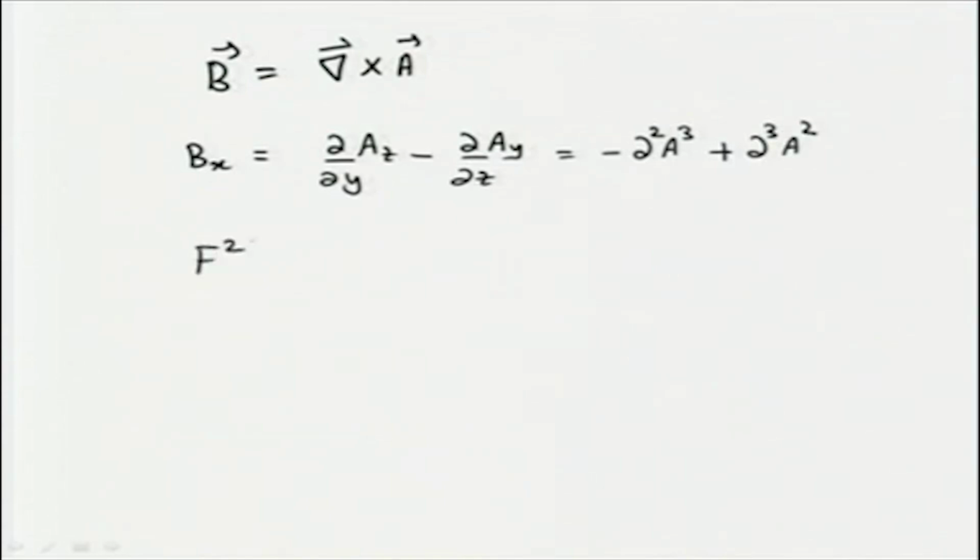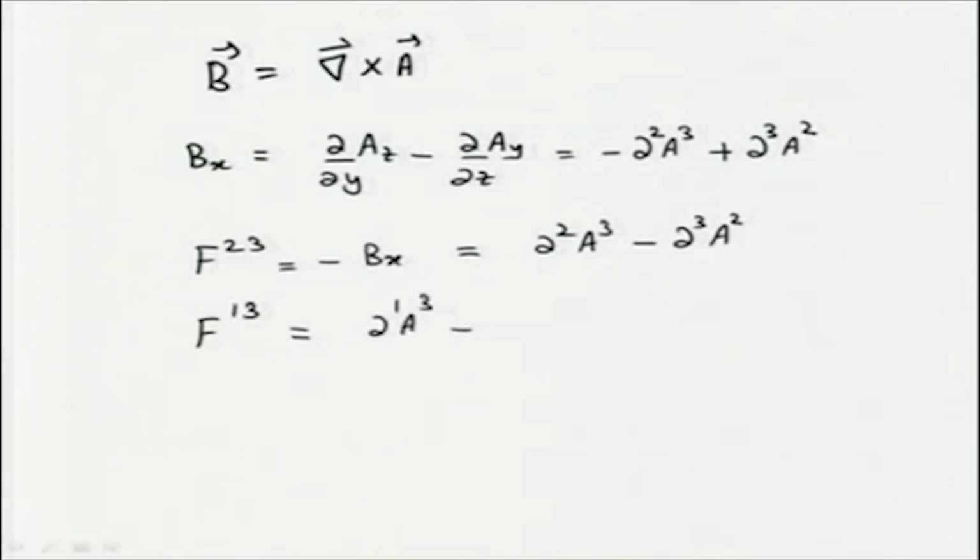Since we know F 2 3 is equal to minus B x, we have that equal to dou 2 A 3 minus dou 3 A 2. Similarly, F 1 3 equal to dou 1 A 3 minus dou 3 A 1 and F 1 2 is dou 1 A 2 minus dou 2 A 1.